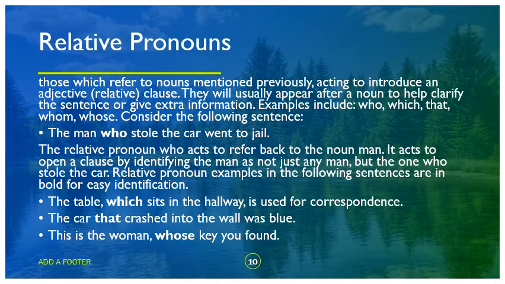Now let's analyze the sentence without the relative clause. The man, let's cross out who stole the car. The man went to jail. So in this chunk that we have omitted, and the rest of the sentence gives us the information that the man went to jail.